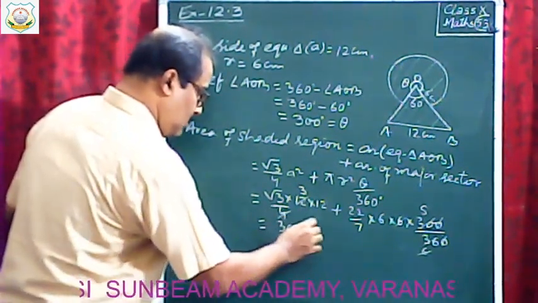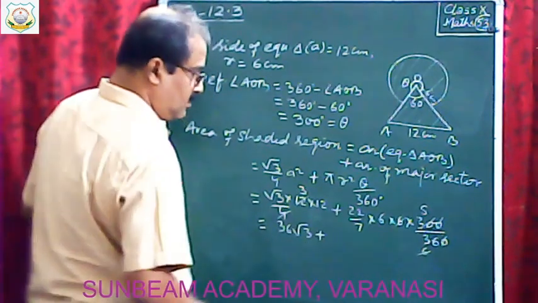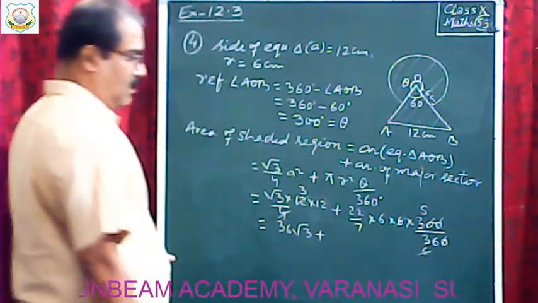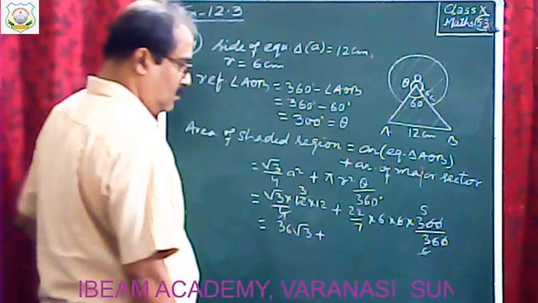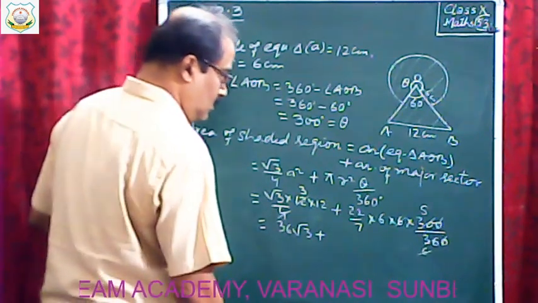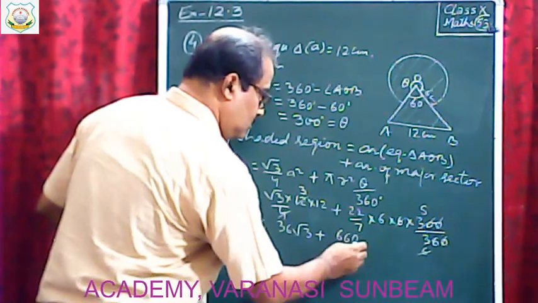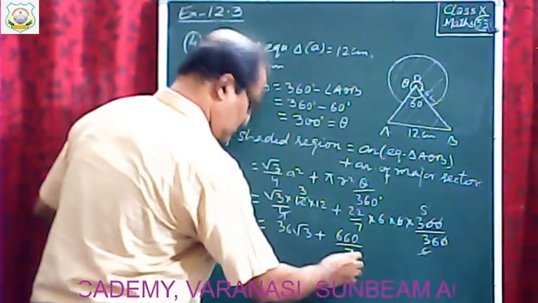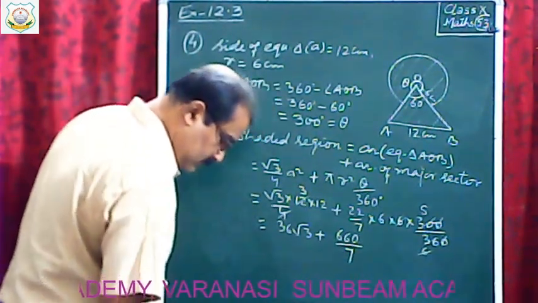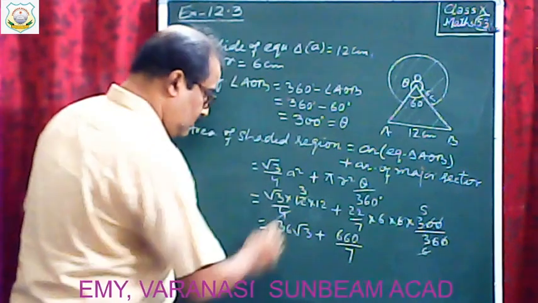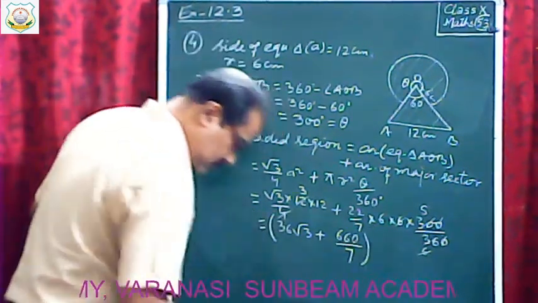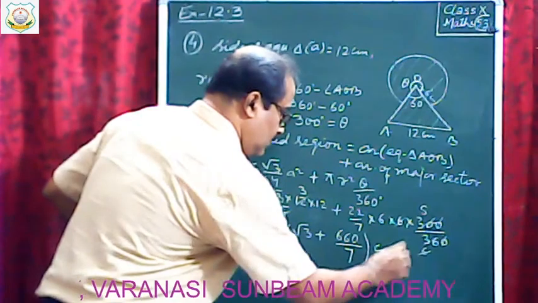We get 36 root 3 plus 30 pi, this much centimeter square.